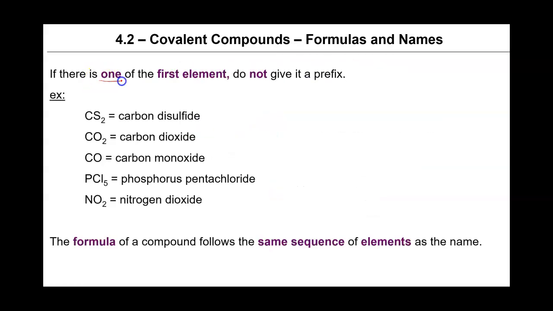So here's a little rule about mono. If there's one of the first element, you don't give it a prefix. So rather than saying monocarbon disulfide, we just say carbon disulfide. Rather than saying monocarbon dioxide, we just say carbon dioxide.